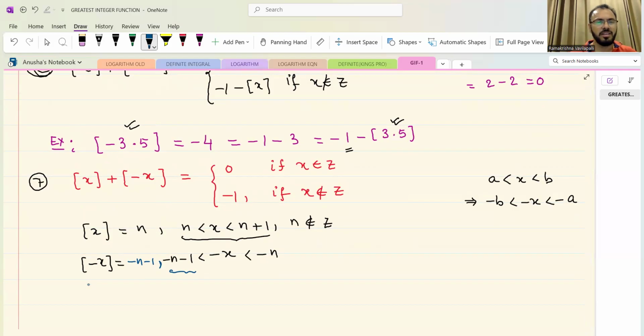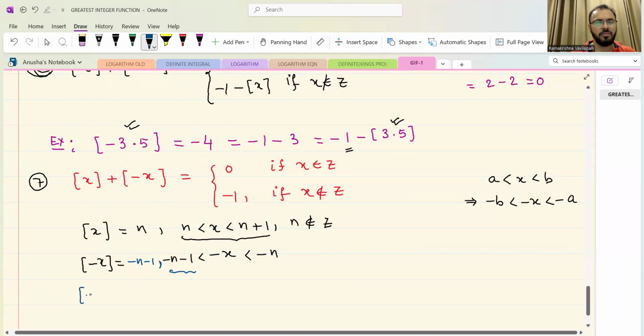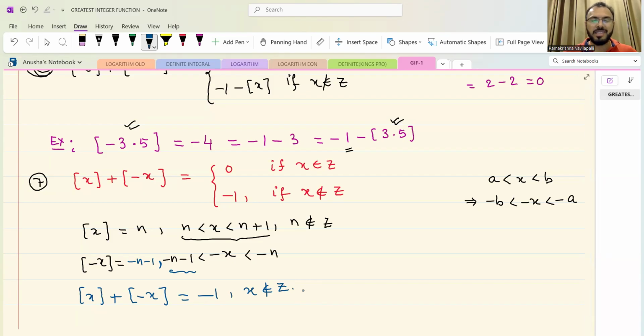So integral part of x plus integral part of minus x, you will get minus 1 if x is not an integer. Nicely we have proved it. So integral part of x plus integral part of minus x equal to minus 1.